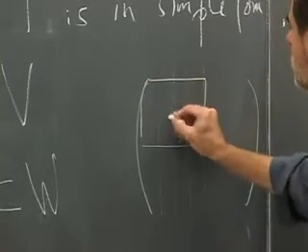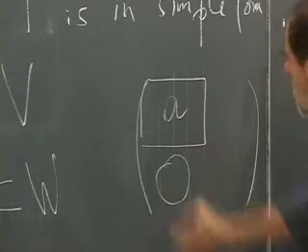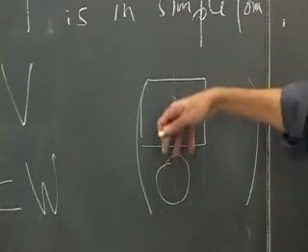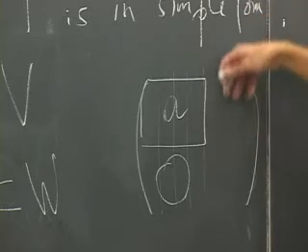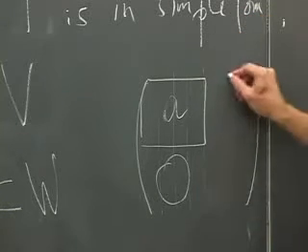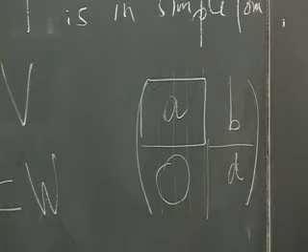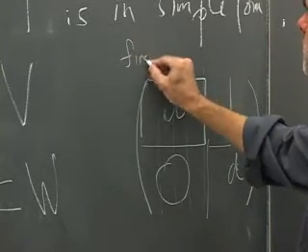Call that matrix A, maybe. And then down here you get all zeros, because when you apply it to a vector in W, it doesn't involve any of the basis vectors that are beyond W. And then when you apply to the other basis vectors, you don't know anything about it at all, so you might get a B here and a D here. But you get a lot of zeros in the matrix if you have an invariant subspace, and you choose your basis so the first basis vectors are in W.